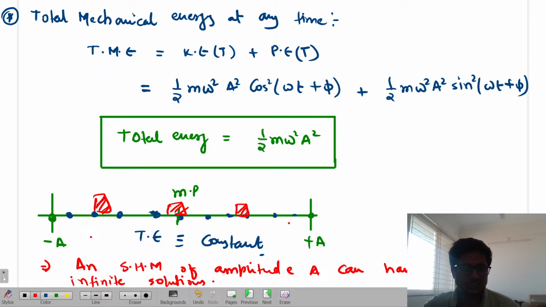Yes. So this is what they are saying, that if you have any kind of system, any kind of bigger block system, from wherever you start, you should be aware of one fact: if there is an SHM, then for the same amplitude I can have many different possible position equations of the block.